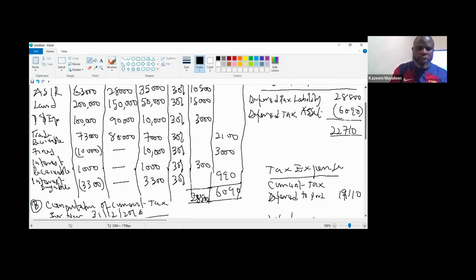Go to the table again. Interest receivable, 1,000, cash basis. See, they've not given us the interest, but the transaction has been consummated and we have earned the money. It's on an accrual basis, even though the money has not come in. It's occurring this year. Cash basis, you are saying accrual.